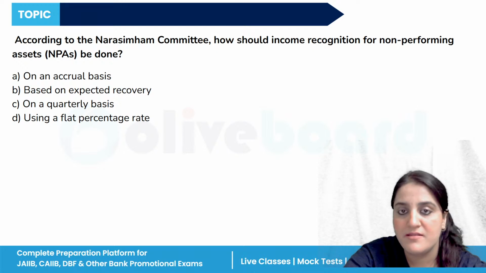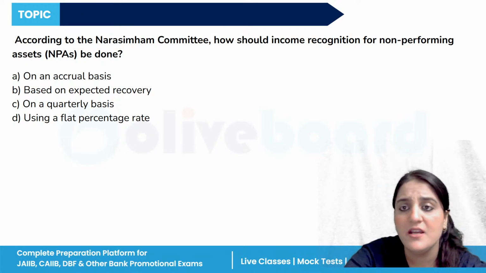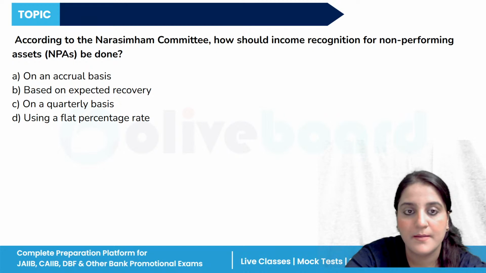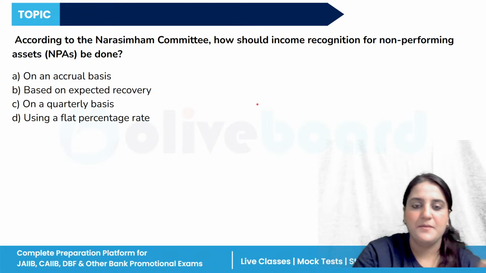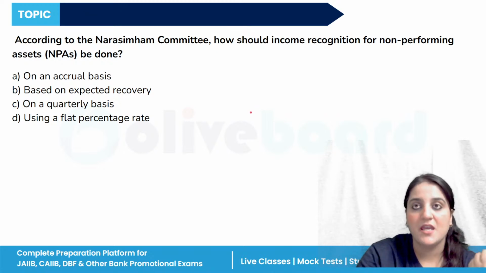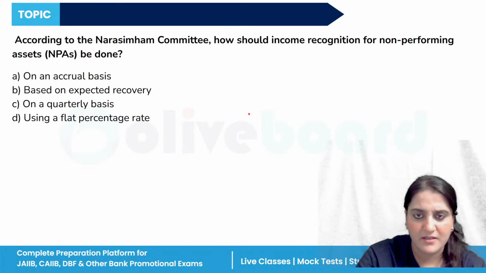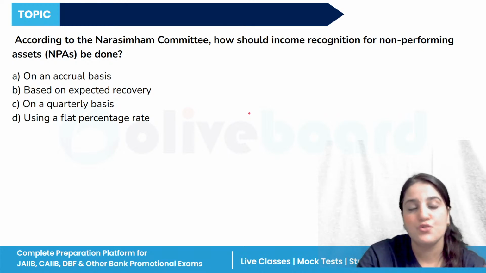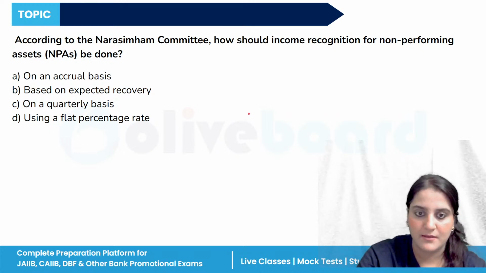According to the Narasimham committee, how should income recognition for non-performing assets be done? Basically, what is an NPA? An NPA is a leased asset, and it becomes non-performing when it ceases to generate income for the bank.